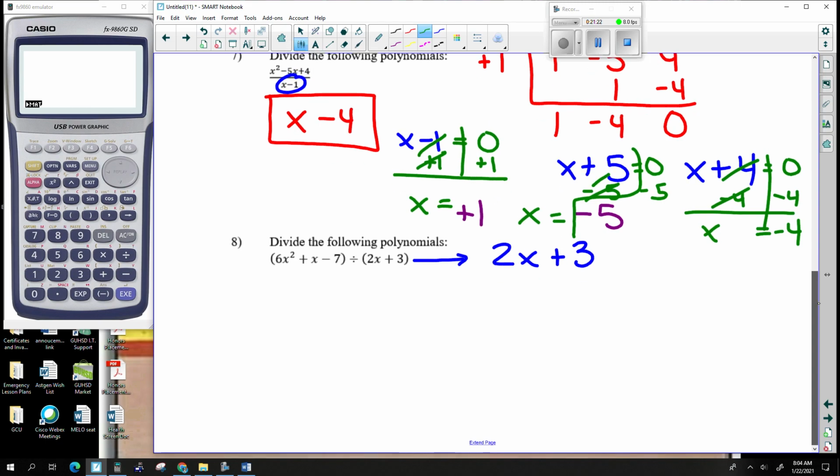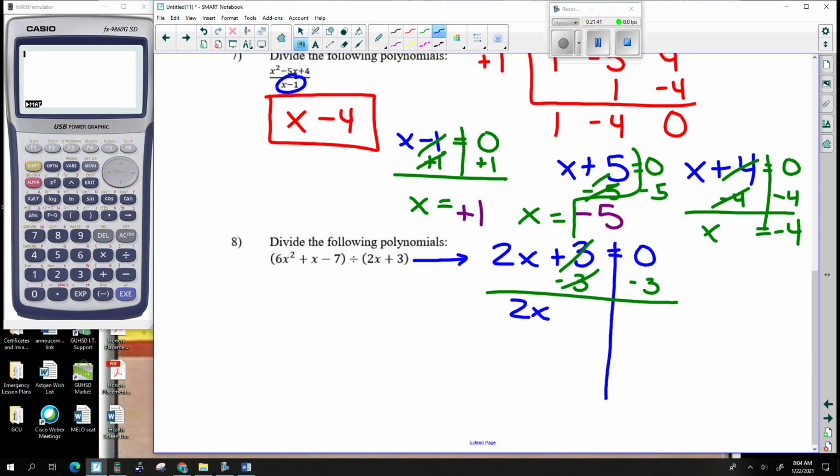Okay, well, what number would I use on the outside in number 8? So I'll repeat the process. I'll set that technically equal to 0. So solving this, I would subtract 3. So that leaves me with 2x is equal to -3. And then I would divide by 2.